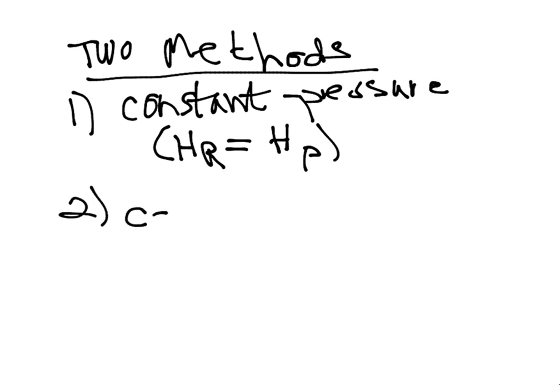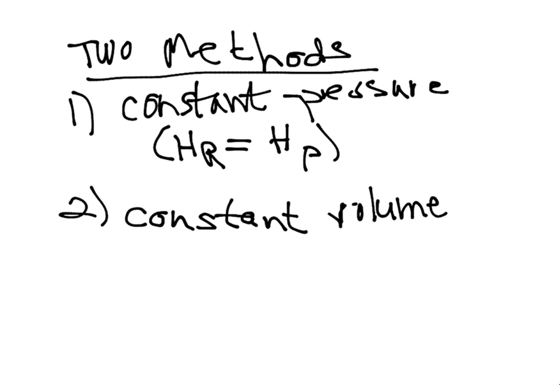Method two focuses on constant volume, and that is where the internal energy of the reactants is equal to the internal energy of the products. So we're going to focus on the constant pressure.